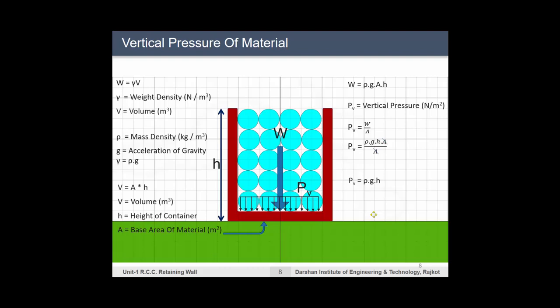This equation tells us that the vertical pressure PV is equal to the product of the mass density of the material, gravitational acceleration, and the height of the material above the point we considered. Please note, if we increase the height of the material, pressure increases.